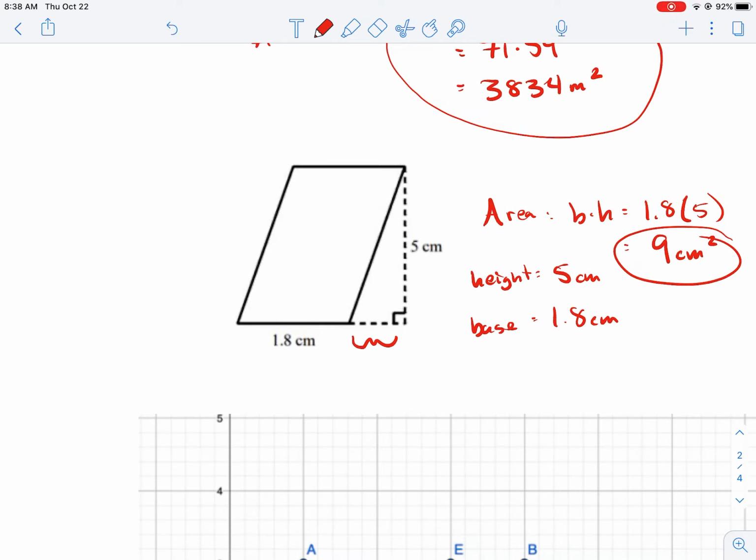But because we don't know what that length is, we cannot find the perimeter. So we're going to just say perimeter, not enough info, right? We can't just guess what that length is right here. If we did know what that length is, let's say it was 1, well, then we could use the Pythagorean theorem, right?